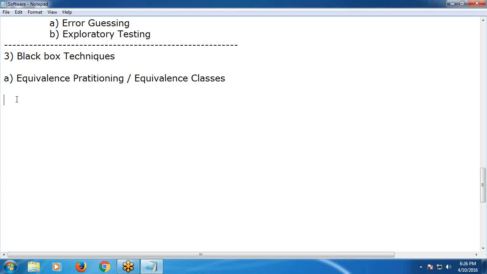We divide the input domain into classes or partitions, then take one or two inputs from each class. By executing this small number of inputs, we can quickly conduct the testing, reducing the input while at the same time covering all areas.